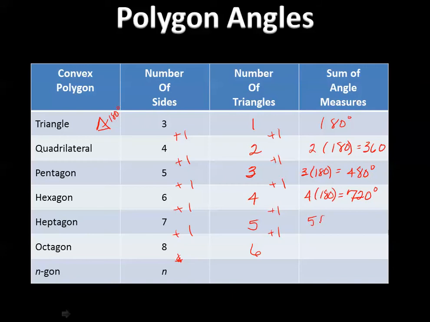So you say 5 times 180, which gives me 900 degrees. And then 6 times 180, which gives me 1080 degrees. Now that's the sum of the interior angles.